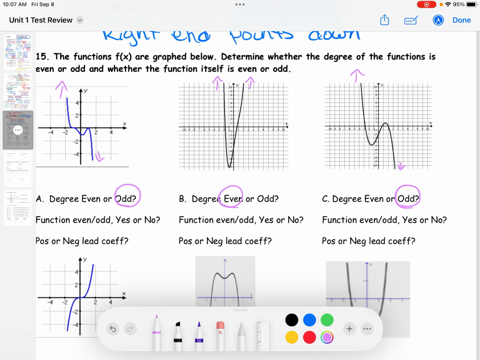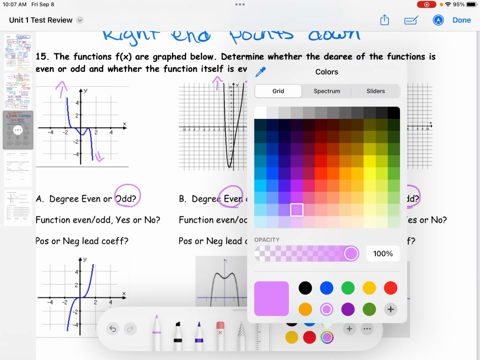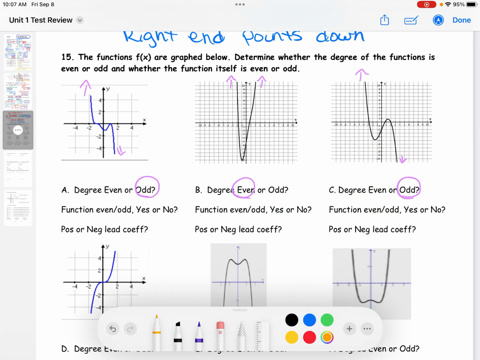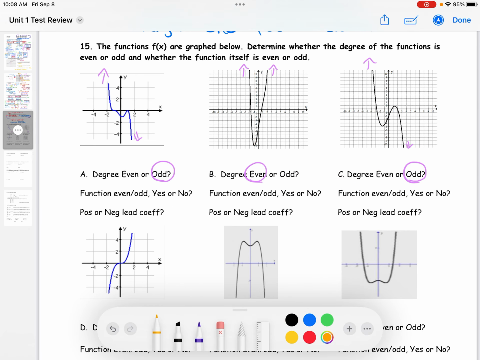That's opposite. That makes it odd. Then let's take a look at whether that has a positive or a negative leading coefficient. On A, that right side goes down, so it's negative. On B, the right side is going up. That makes it positive. On C, the right side is going down. That makes it negative.